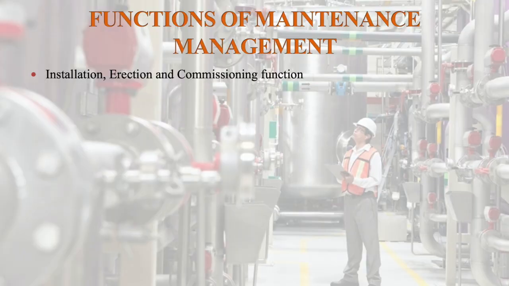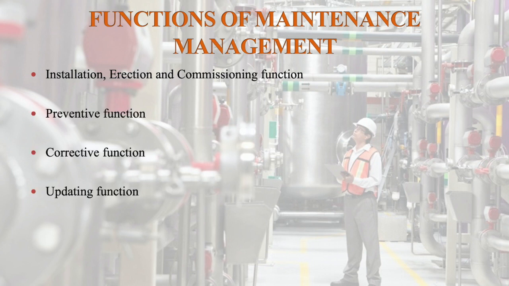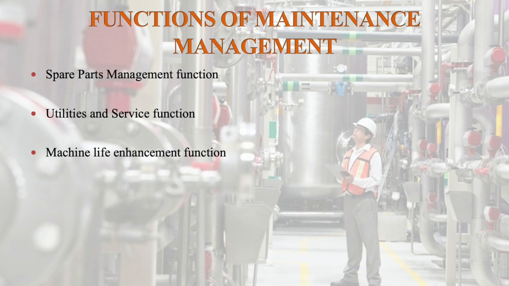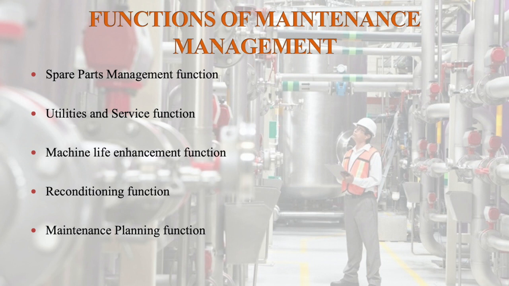The maintenance department has various functions to fulfill the needs of the production people and keep the machines in good condition: installation, erection and commissioning function, preventive function, corrective function, updating function, recording function, training function, spare parts management function, utilities and service function, machine life enhancement function, reconditioning function and maintenance planning function.